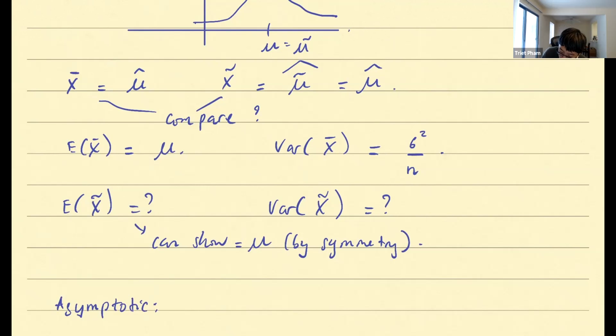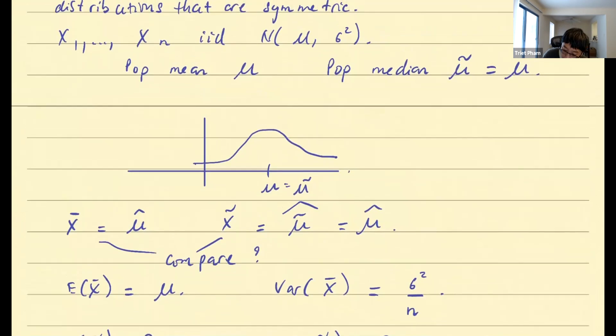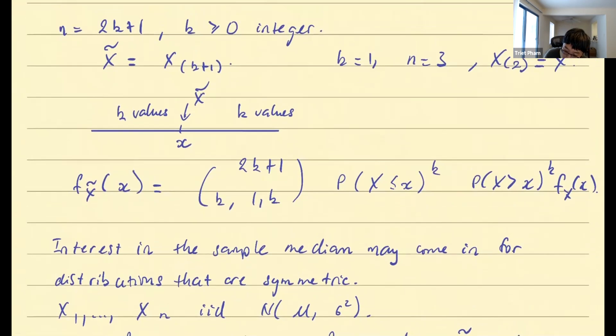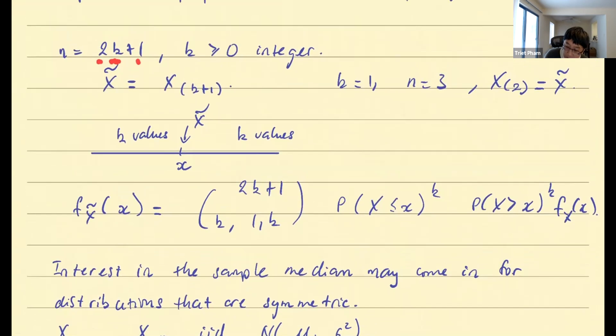In this case, you let k go to infinity. Remember, k is this guy right here, where 2k plus 1 is our sample size. So if k goes to infinity, sample size goes to infinity too. I say k goes to infinity because I want to highlight that we are only discussing odd sample size, not even sample size, because for even sample size the sample median doesn't have this form.